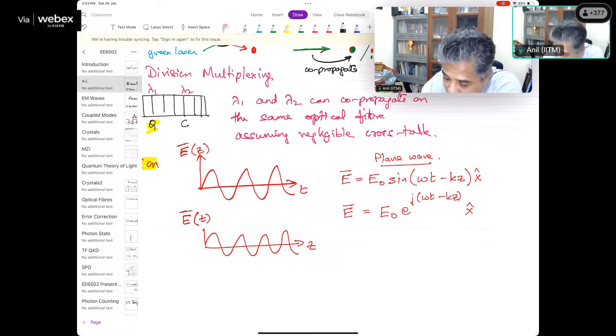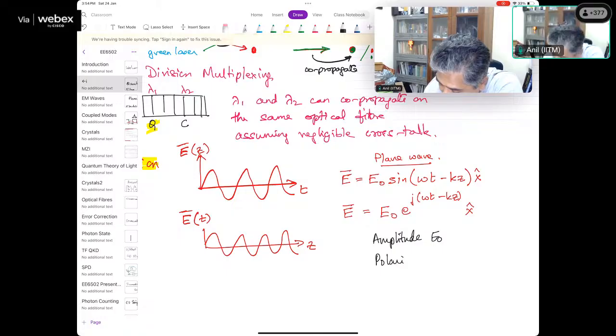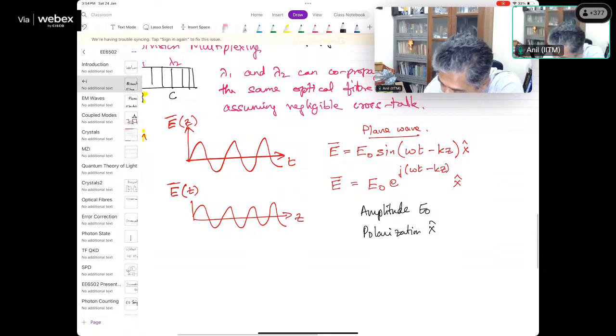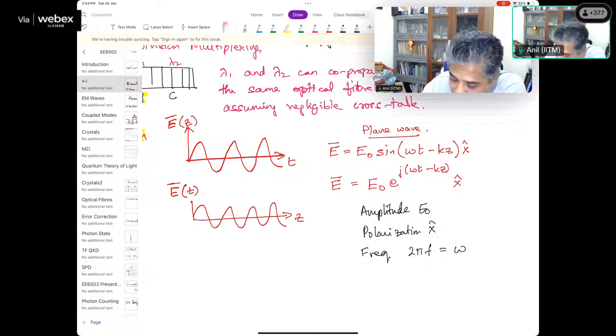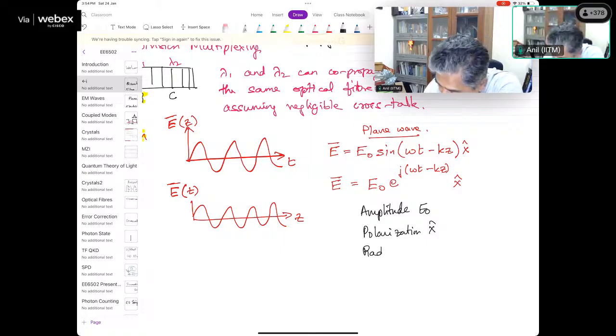Now that I have polarization for every single photon, it's easy to remember. I now have these three quantities. I have the amplitude E0. I have the polarization along x. I have the frequency, or rather the radial frequency, omega as 2 pi f.